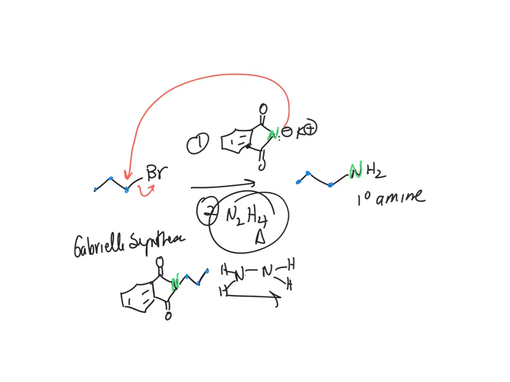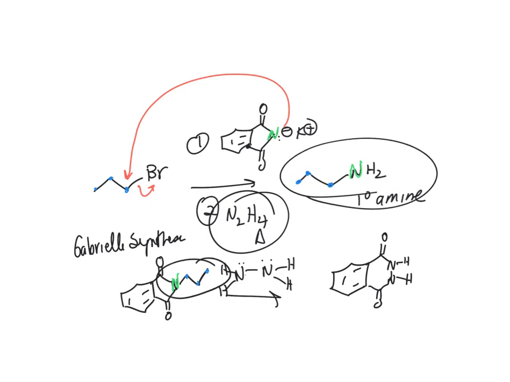By the way, hydrazine you've got to be careful with. We do care about the amine. So what we end up getting is a displacement. So this is phthalhydrazide, and then this gets released to make the amine. Okay, so that's a good way to make a primary amine.